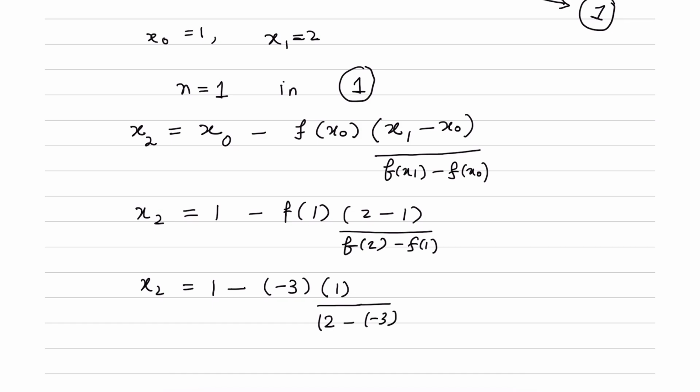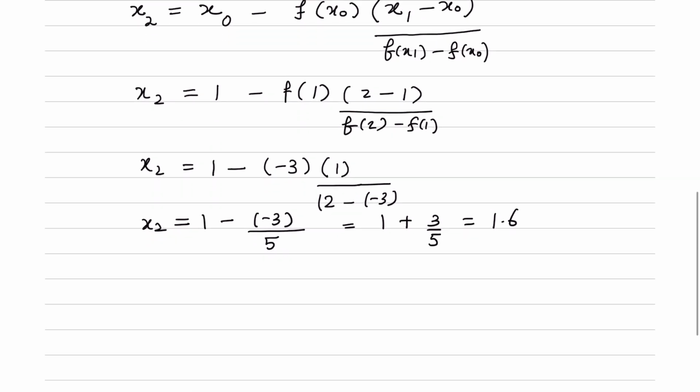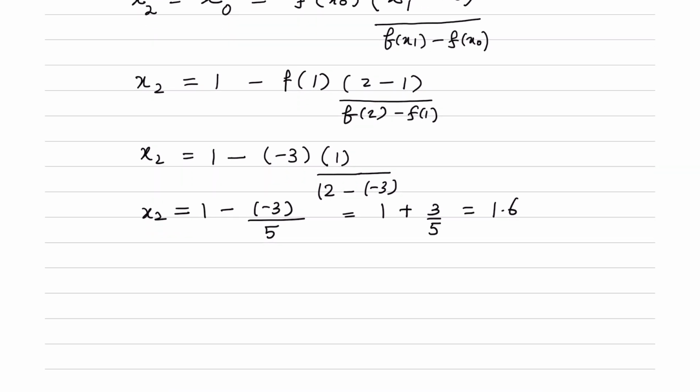So we solve this: 1 plus 3 by 5. Use your calculator. Remember that your calculator is fixed to 4 places, so you get 1.6. We started with x0 and x1, which were 1 and 2, and now we found the next x, which is x2, and the value of x2 is 1.6.